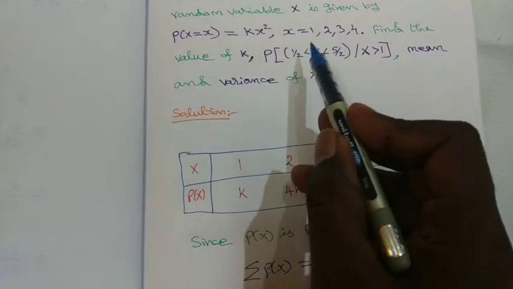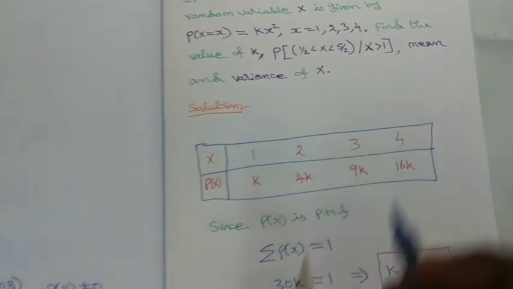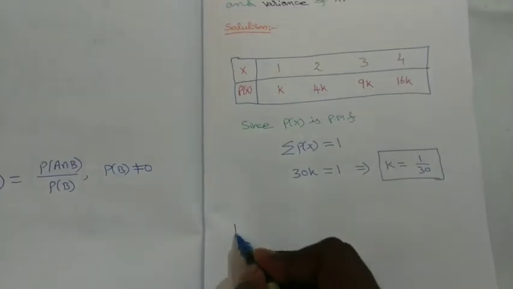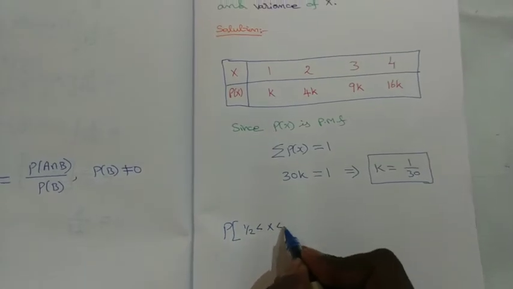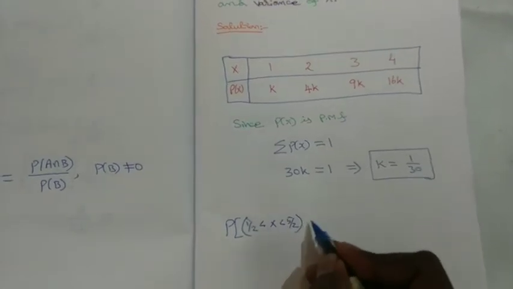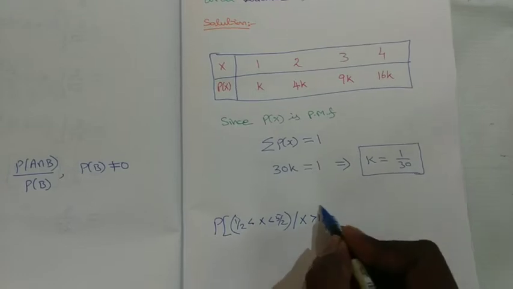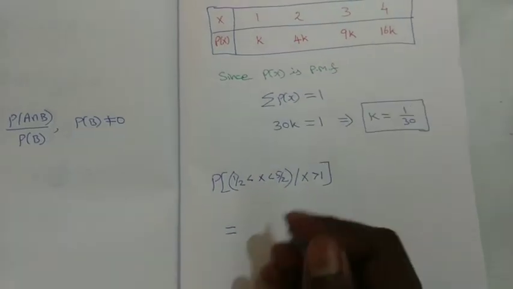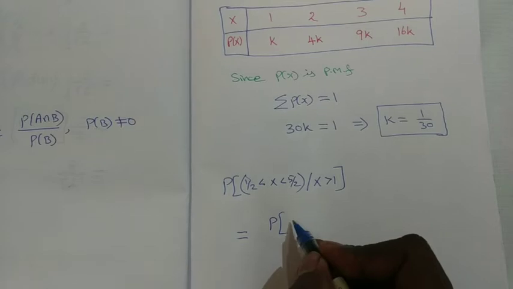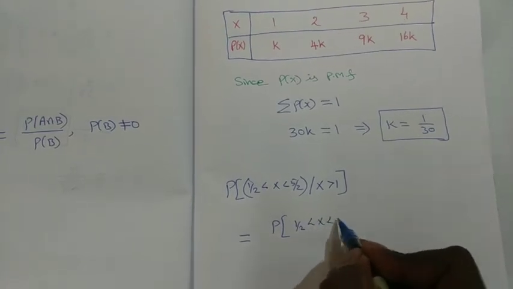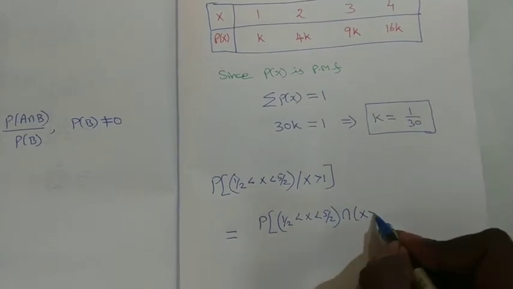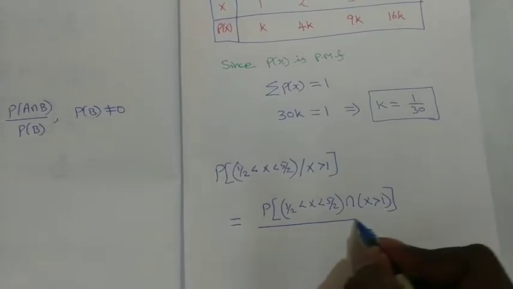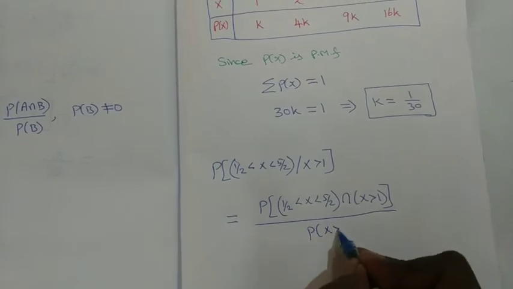So by using this, I take P of 1 by 2 less than x less than 5 by 2 given x greater than 1. So by the formula, P of A intersection B divided by P of B.